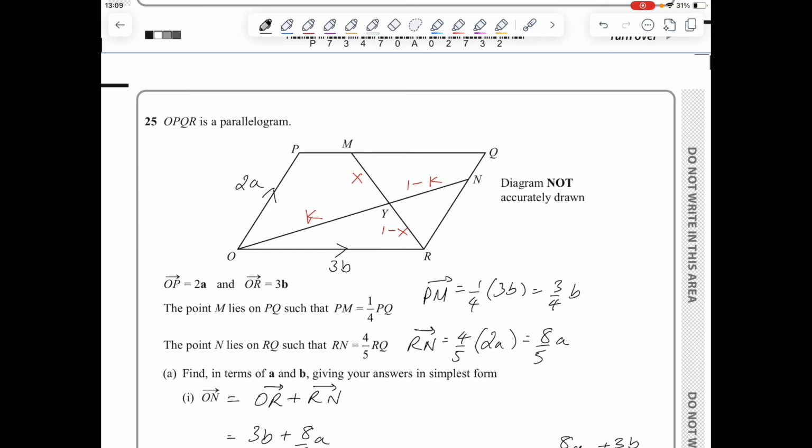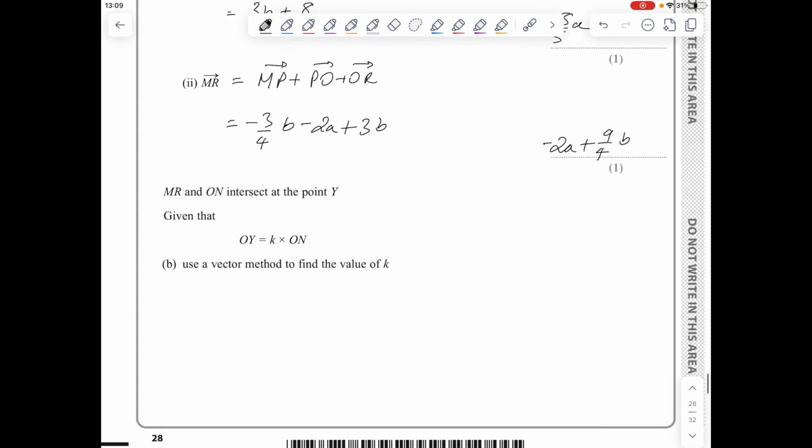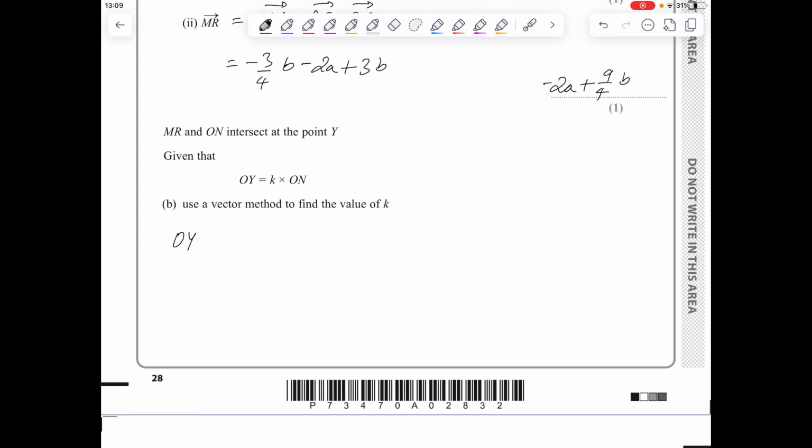So if I go down here, OY is equal to k times ON, which is equal to k times (8/5 a plus 3b). I found this before, and if I expand, I'll get 8/5 ka plus 3kb.